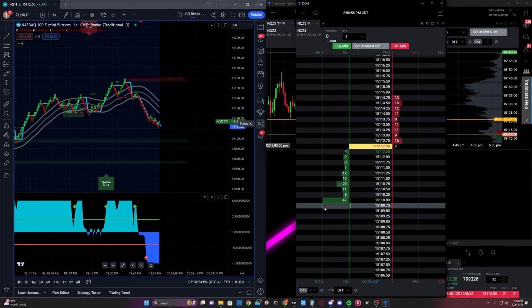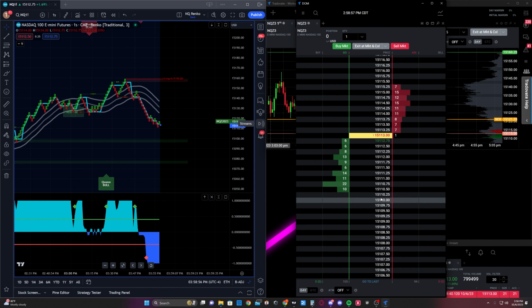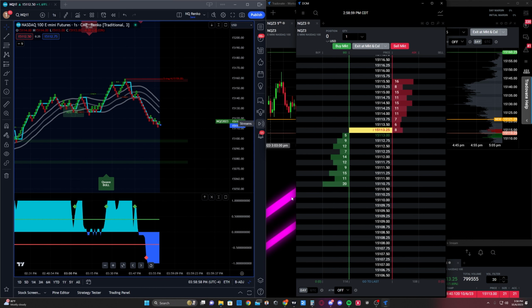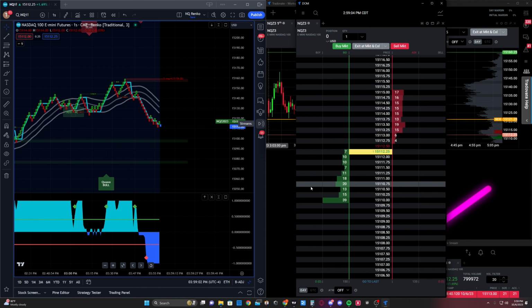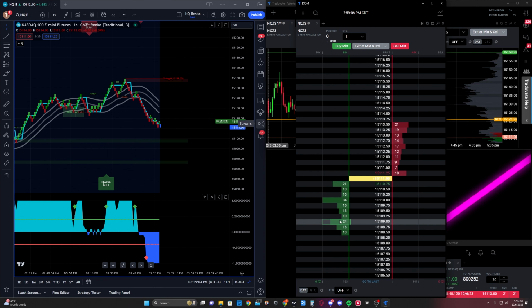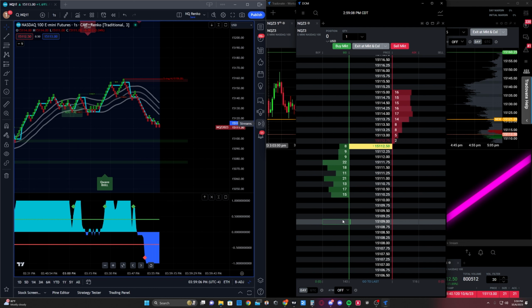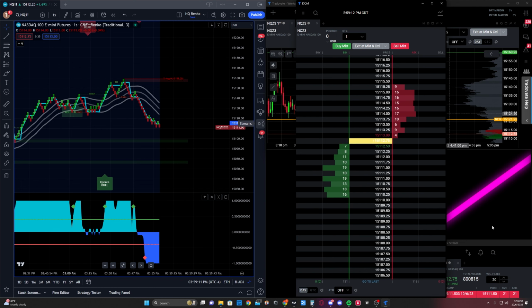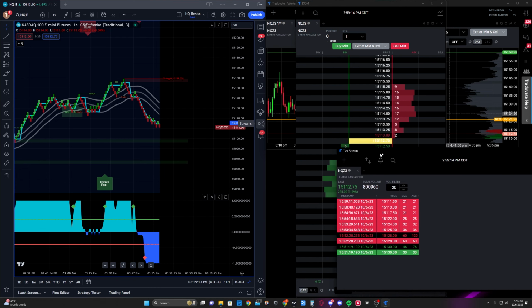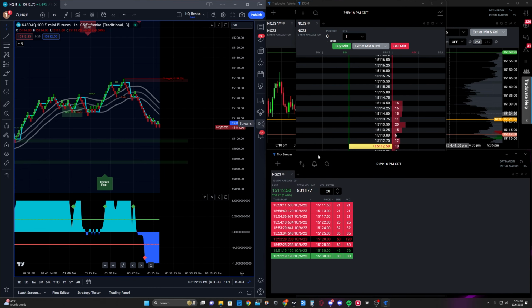And you could also see that there was a big bar, or a much higher number, at that 6 level this morning than there was anywhere else. So that's the simple explanation of how to use both of these in conjunction with each other.